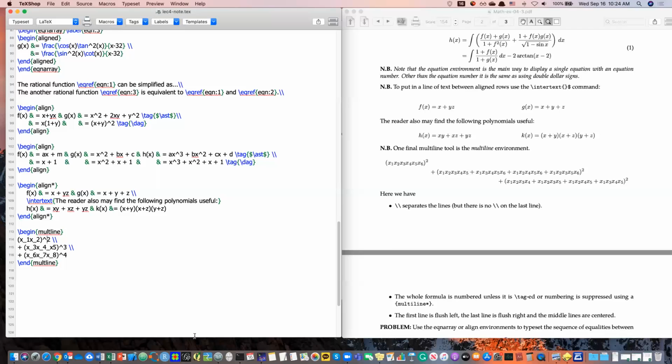All right, so use the MULT and the LINE, multline, with the star, okay? Use this, and then you can replicate this one.